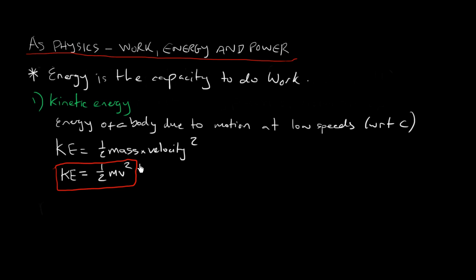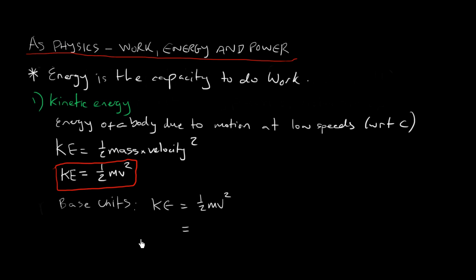Next would be the base units of kinetic energy, and it's important to know that you can express the base units first in terms of the formula. So let's talk about the base units. We have kinetic energy equal to 1/2 mv squared.